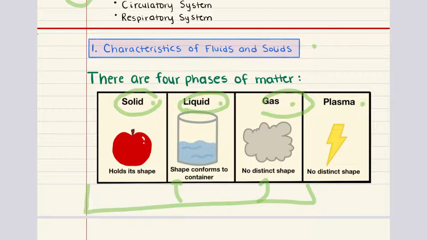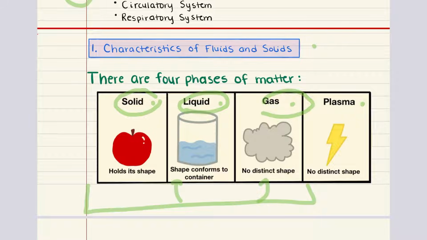Understanding these basic characteristics helps us distinguish between how fluids and solids respond to forces, which sets the stage for exploring more complex phenomena like pressure, buoyancy, and fluid flow.